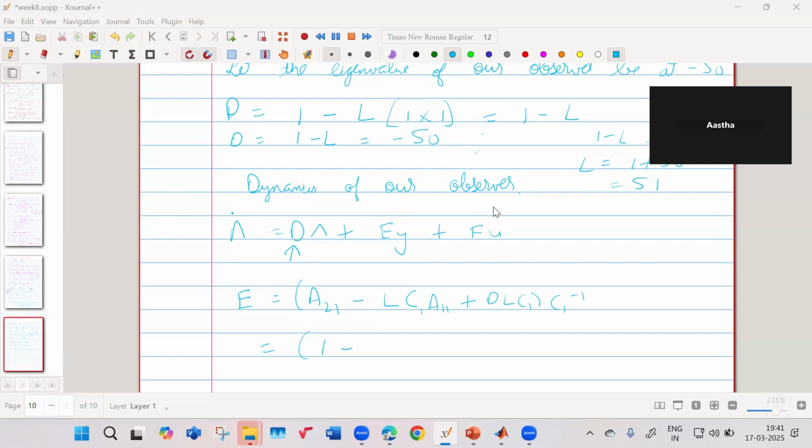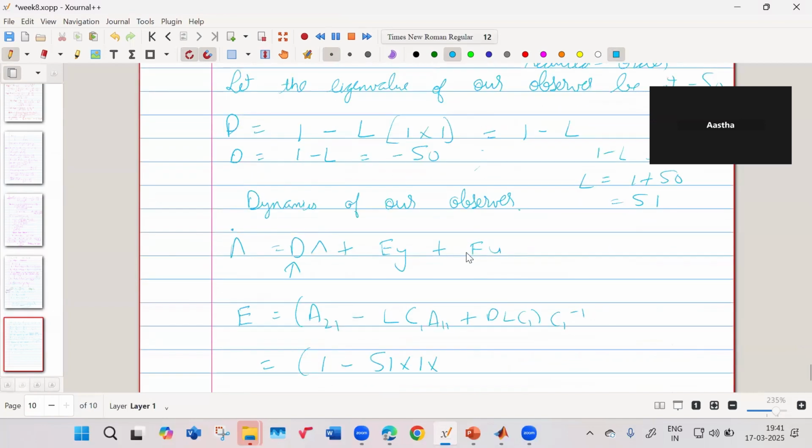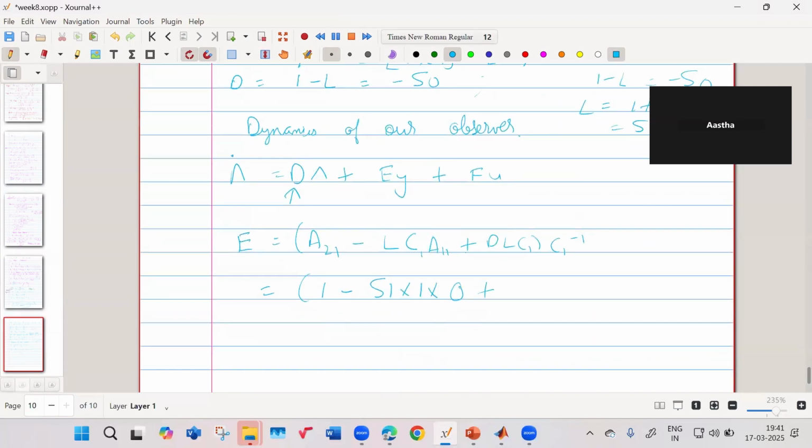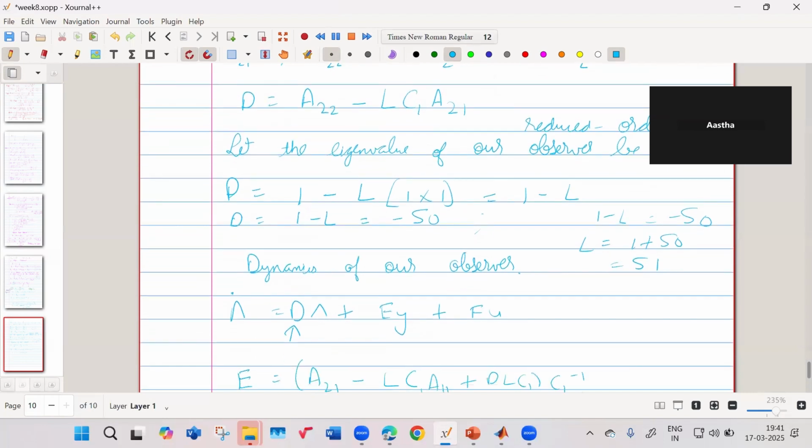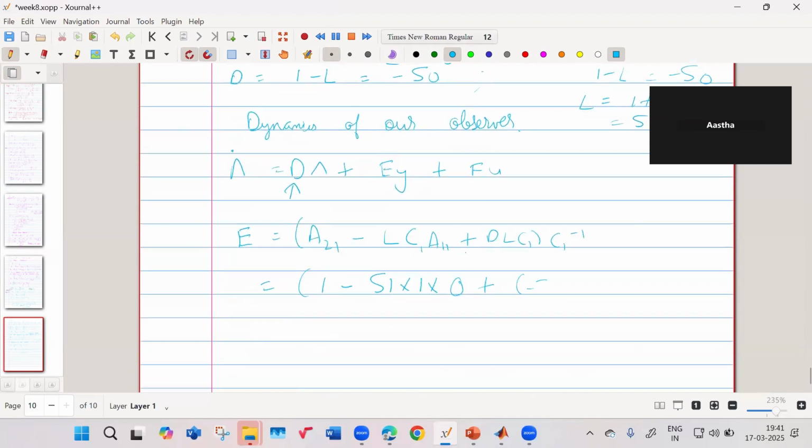Sorry, actually there's a time stop. So E is A21 minus L, which is 51, into C1, which is 1, into A11, which is 0. This is 0. D is minus 50, into L which is 51, into C1 which is 1, into inverse of 1 which is 1.